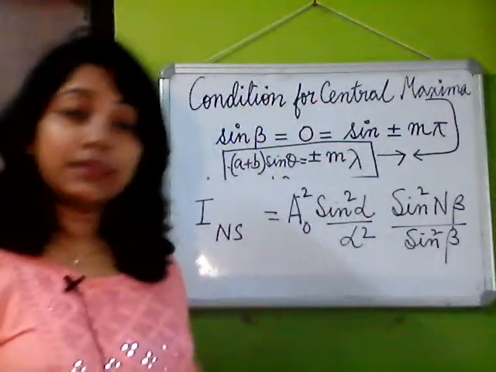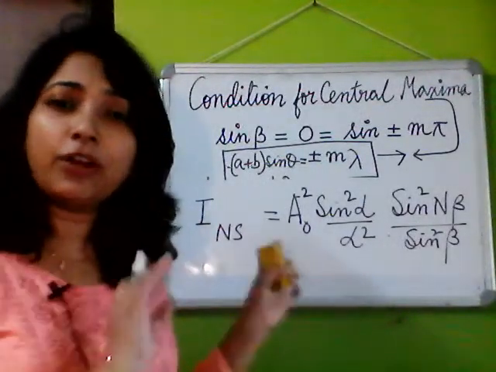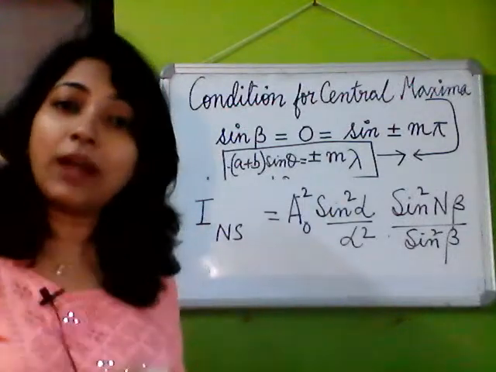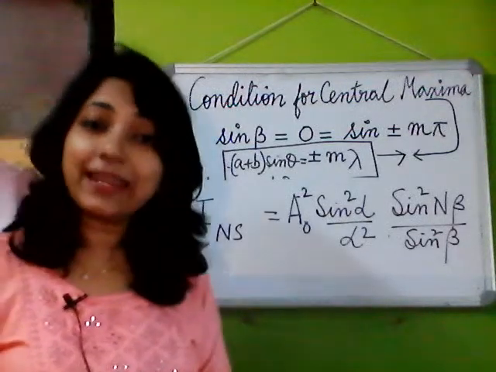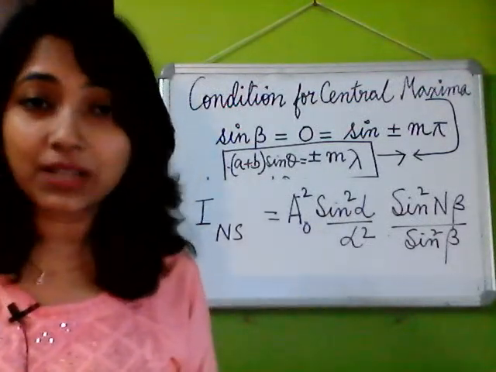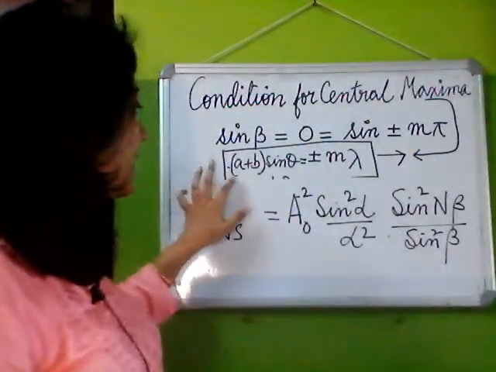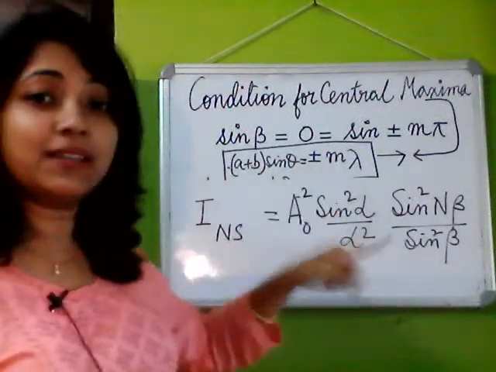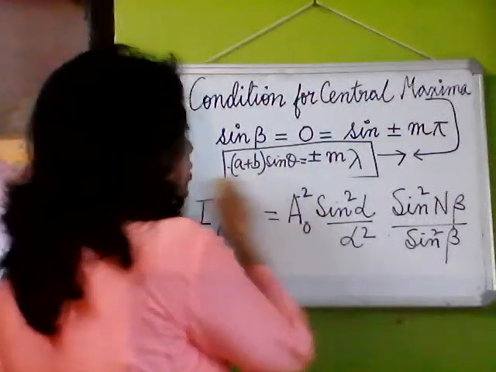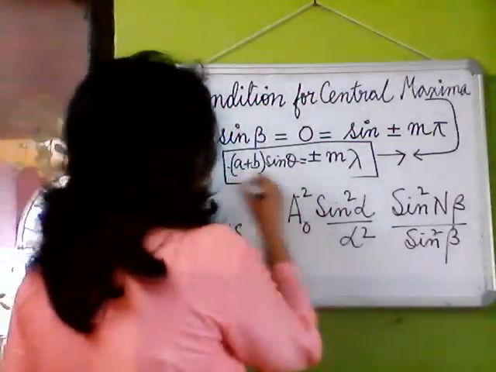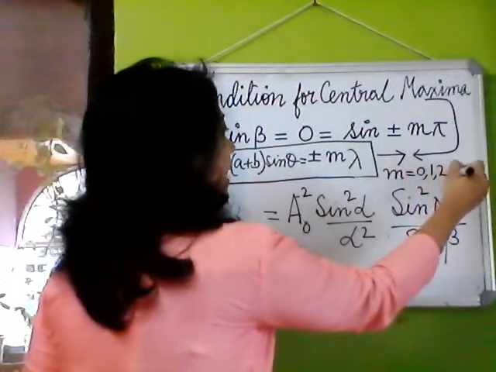This formula can be remembered for utilizing with any number of slits, one or two or any large number you want. Finally, the last point was the condition for central maxima, which we have written as a plus b sine theta is equal to plus minus m lambda. Remember all of you, it will not be sufficient if you just write like this. We should always mention that m is equal to 0, 1, 2 and so on.